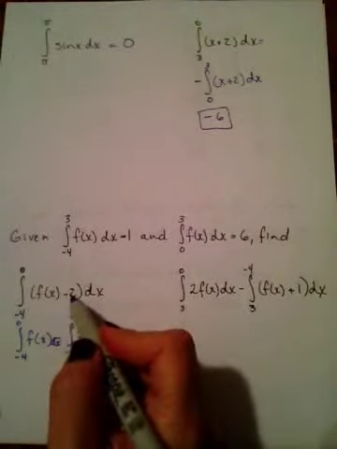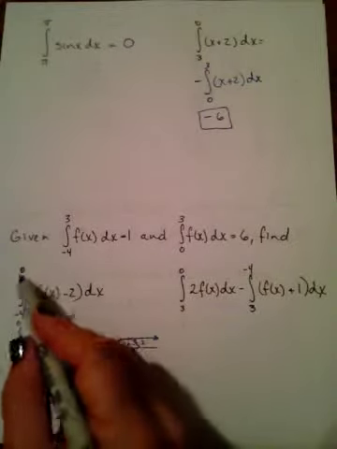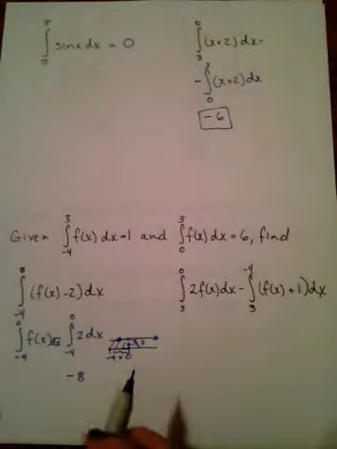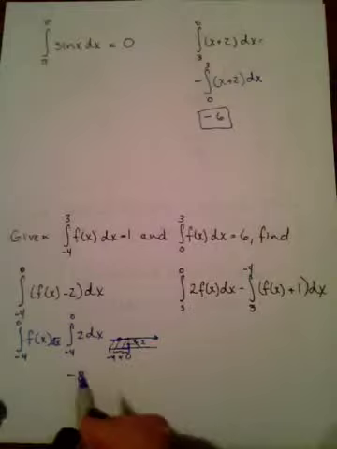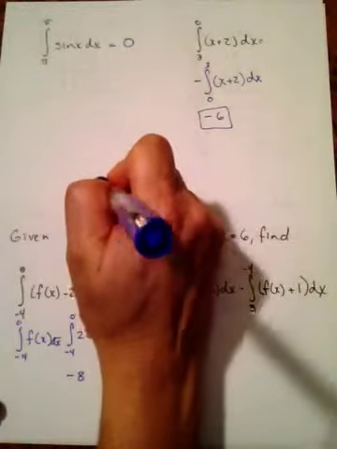And again, you're taking this entire function, moving it down 2, so you're putting in that rectangle, it's a 2 times 4. So we're subtracting 8.